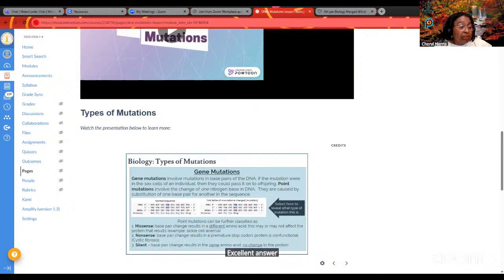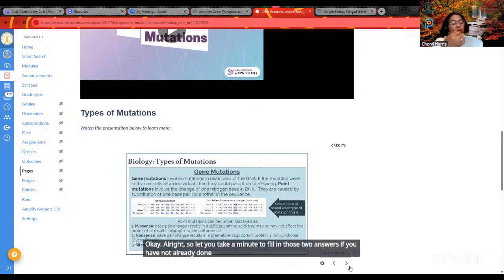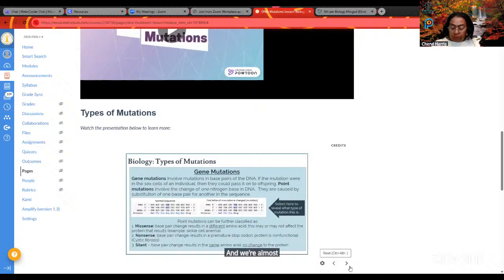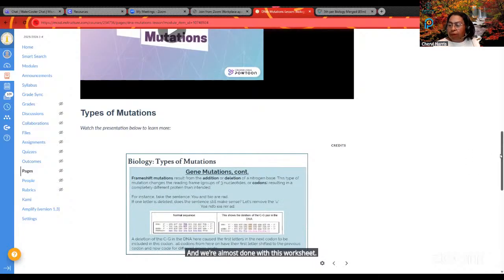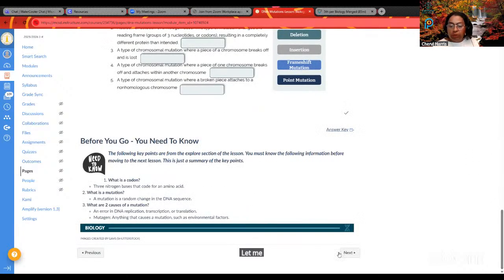Because at the end, it won't disrupt any other amino acids. It was supposed to stop anyway. Okay. All right. So I'll let you take a minute to fill in those two answers if you have not already done so. And we're almost done with this worksheet. Let me get back to the worksheet.